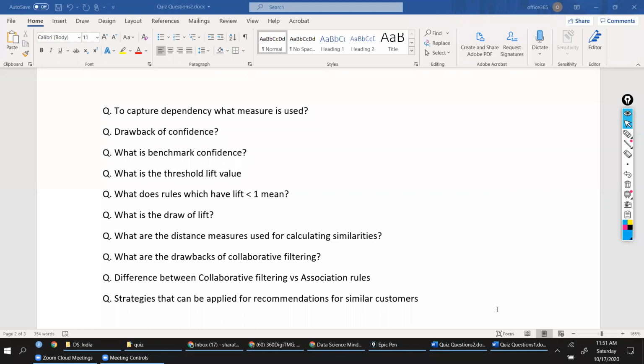We'll rank the similar customers' purchased items based on certain conditions. One of the conditions that we look at here is the rating, maximum rating for the products.